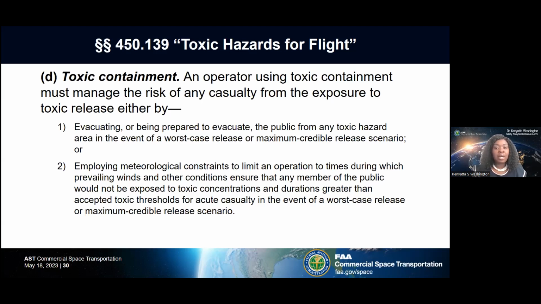Or number two, employing weather constraints to limit an operation to time during which prevailing winds or other conditions ensure that any member of the public would not be exposed to toxic concentrations greater than those accepted toxic thresholds for acute casualty in the event of a worst-case release.